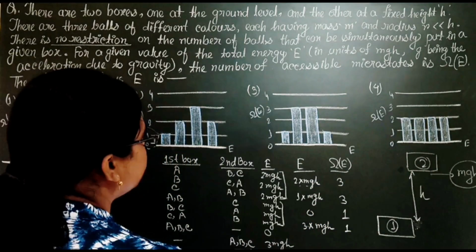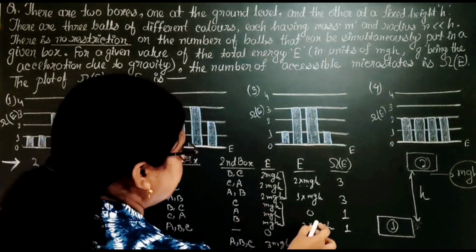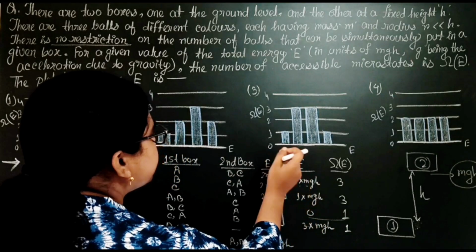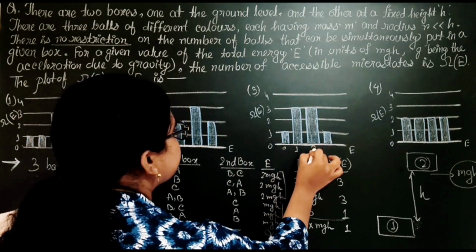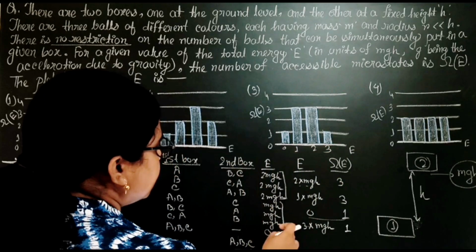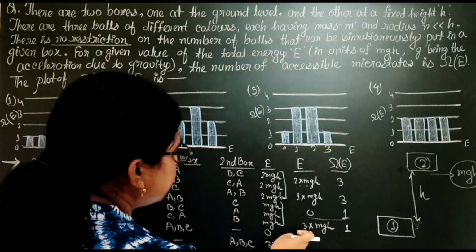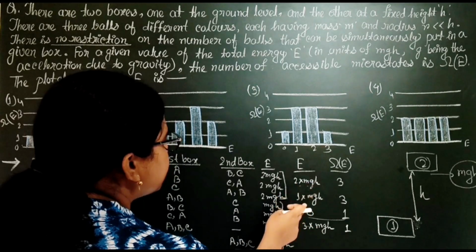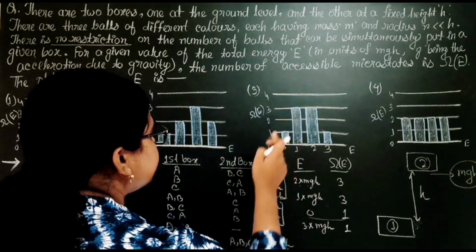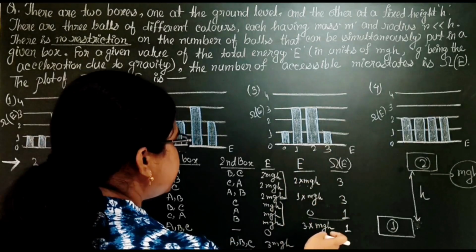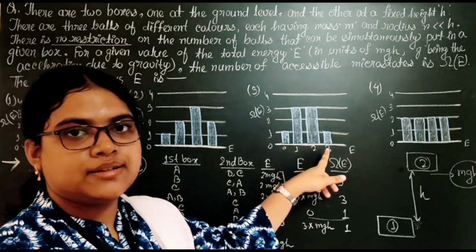Look at option 3. At E equal to 0 the microstates are 1, at mgh it is 3, at 2 mgh it is 3, and at 3 mgh the microstates will be 1, right?